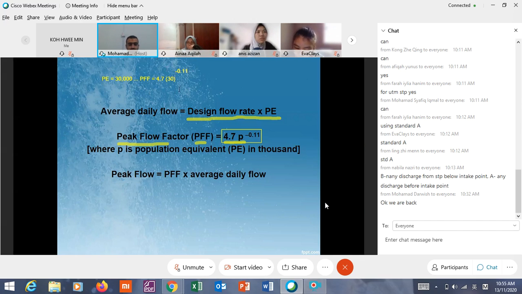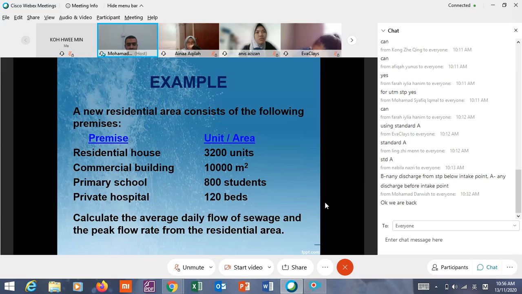So this is how we calculate the factor. After we calculate the factor, we can calculate the peak flow rate: PFF times the average daily flow. So this is what we have to know about the estimation of flow.